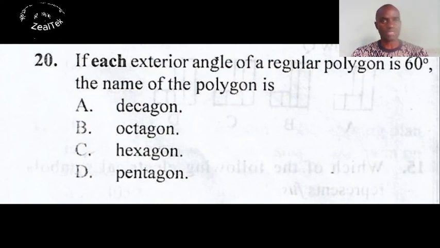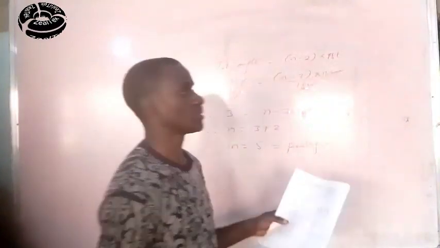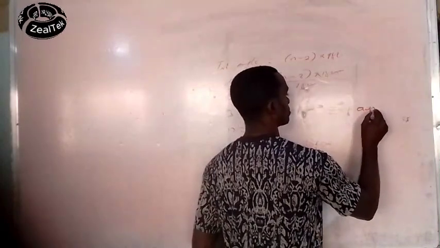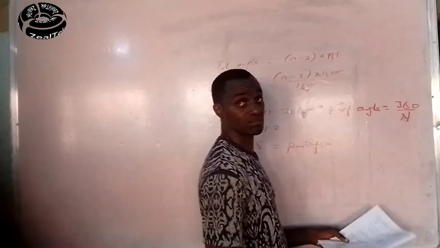Now question number 20. If each exterior angle of a regular polygon is 60, the name of the polygon is what? There is a small illustration in the video below. It will tell you how the answer is arrived at. Well, if the external angle is given, this is how you do it. External angle equals 360 divided by the number of sides.